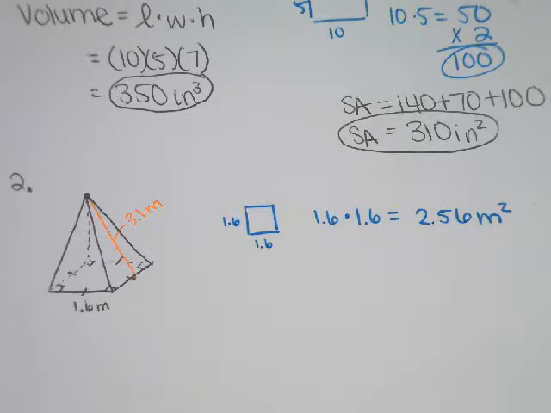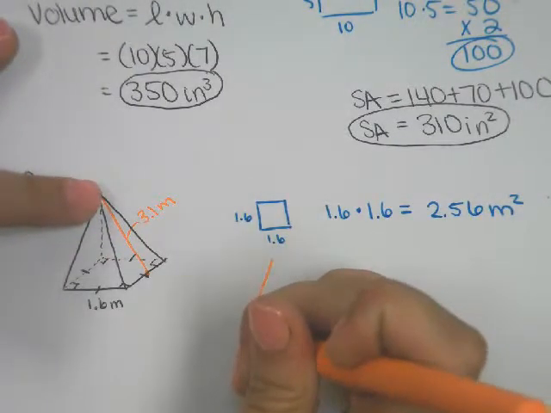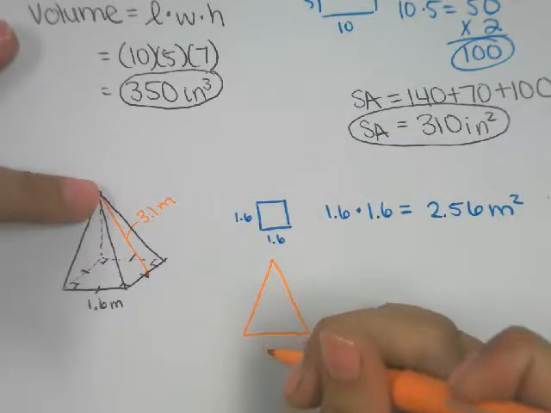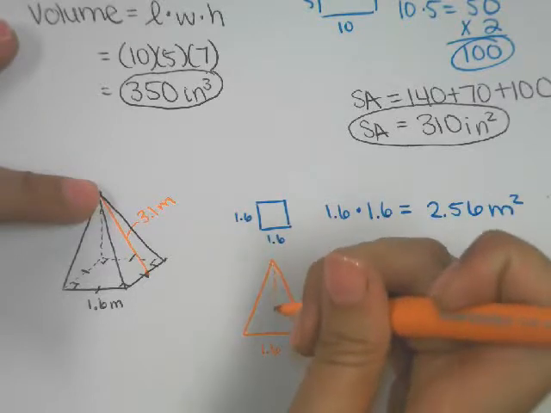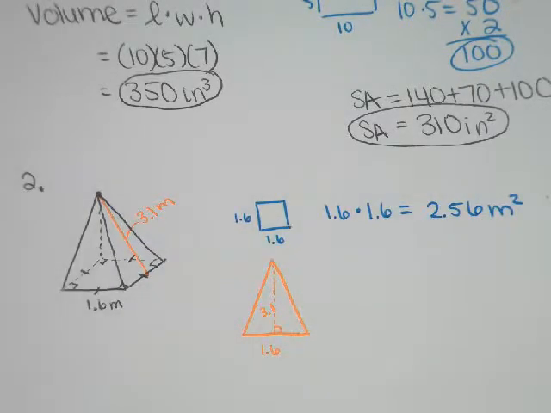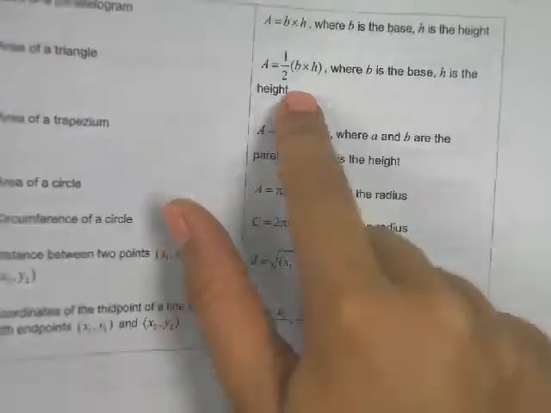And now we have to look at our triangular faces. So this triangular face, I'll draw it a little bit bigger because we're going to have to do a little math. We know some information. We know this is 1.6, and we drew that line as 3.1. Area of a triangle is considered in our formula booklet as prior learning. So if you need this, it's available to you right here.